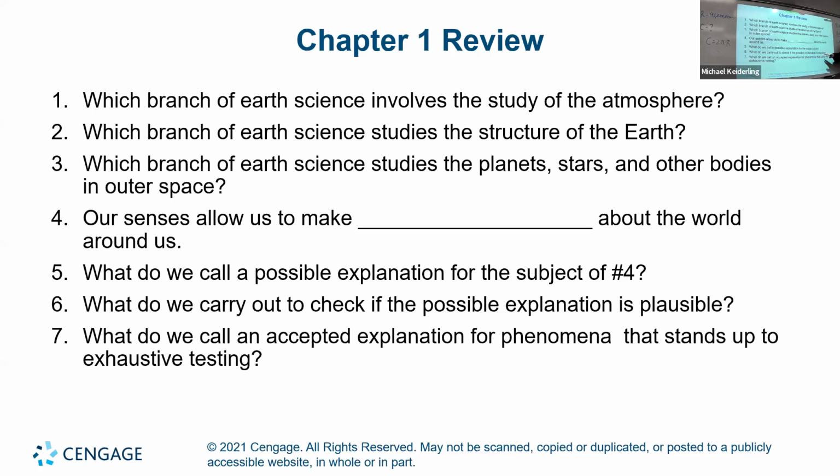And what do we carry out to check if our hypothesis or our possible explanation is plausible? No, we do experiments. Theories are confirmed hypotheses. An accepted explanation for a phenomenon that stands up to testing is a theory.